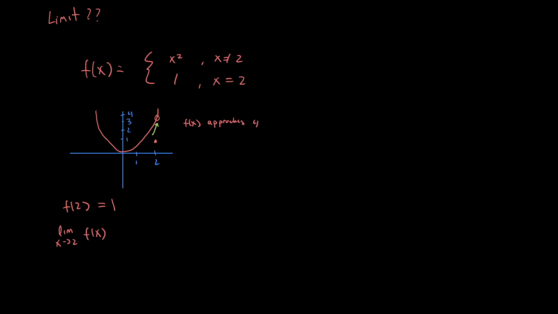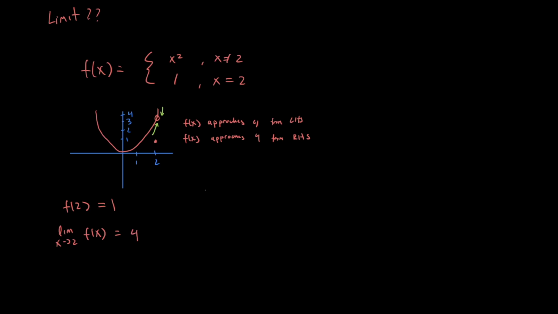And if we go from the right-hand side, we see the same thing. We see that f of x approaches 4 from the left-hand side and from the right-hand side. So our answer to this question of the limit as x approaches 2 of f of x would equal 4.